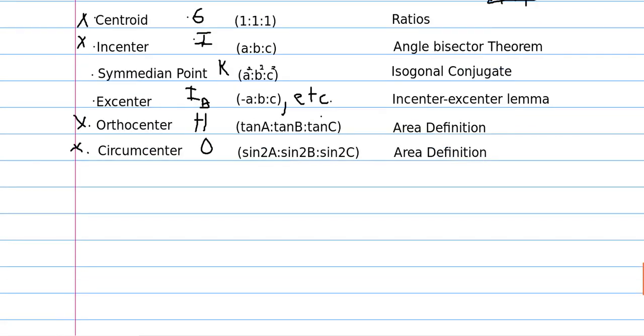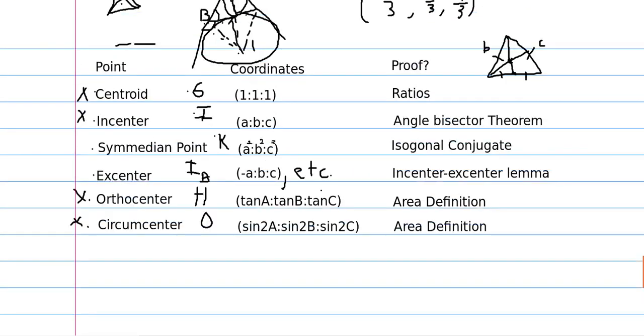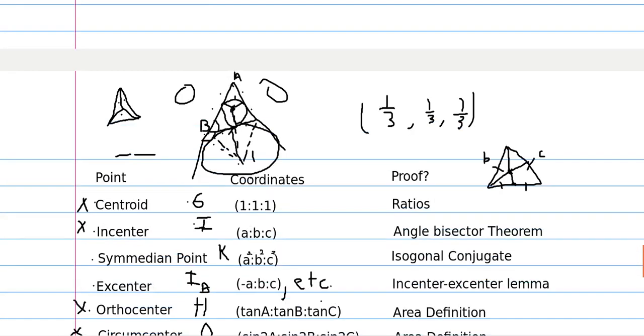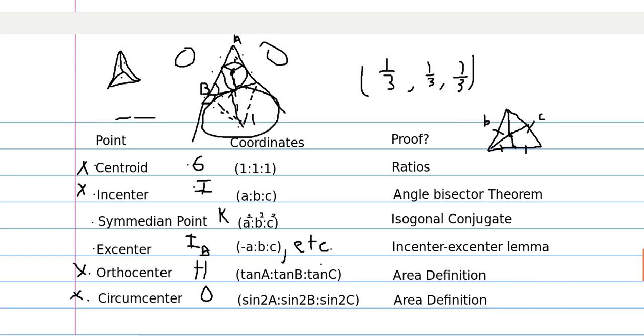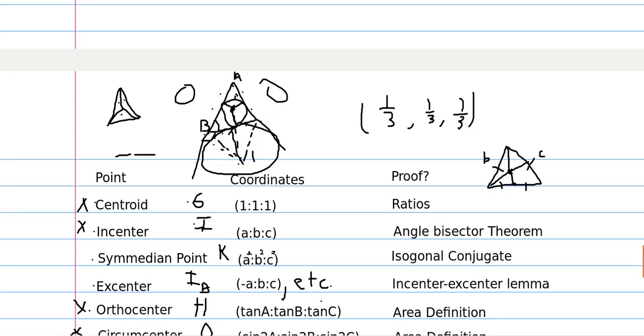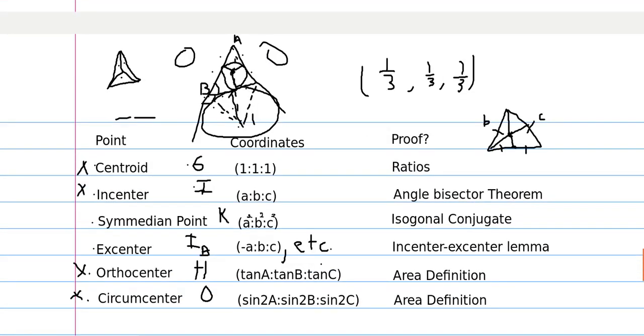Next is the A excenter, which I know looks like a B after I drew this line. We can use the angle bisector theorem to prove this, but we can also show this using the incenter excenter lemma.